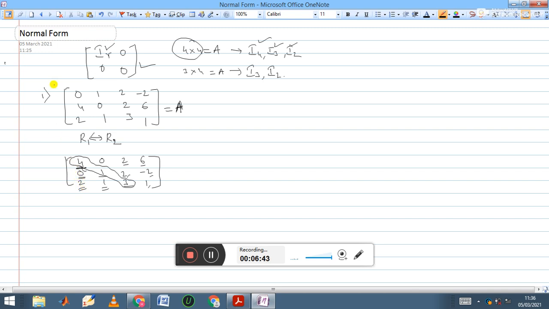For that your operation is R3 becomes 2R3 minus R1, because R1's first element is 4 and R3's first element is 2. You multiply R3 by 2 and subtract R1 from R3.